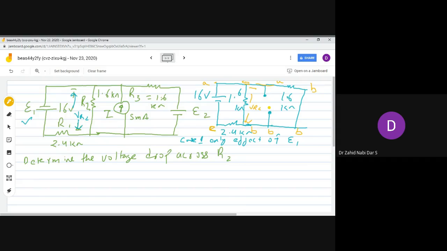So you can clearly see the resistances. See this 1.6 AB. Okay, and this 1.6 AB. Okay, so these two are in parallel, 1.6 and 1.6. Suppose you have a confusion, how do you see that the two resistances are parallel? If both the sides are connected. This is the resistance.